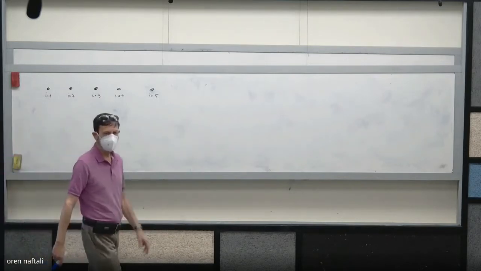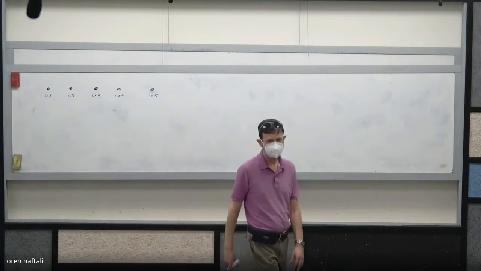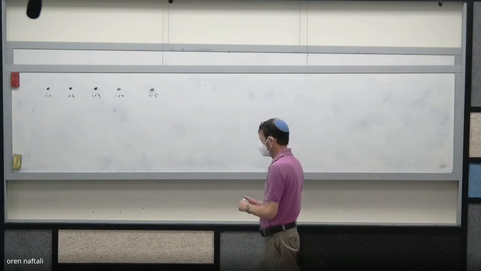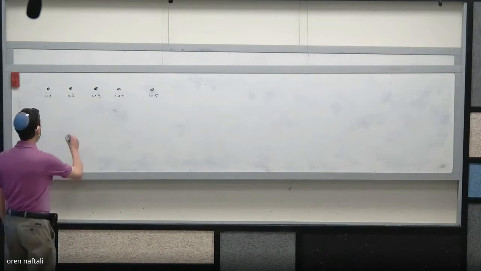So we have a series of masses, all equivalent, sitting at the same distance one from the other, and connected by springs.